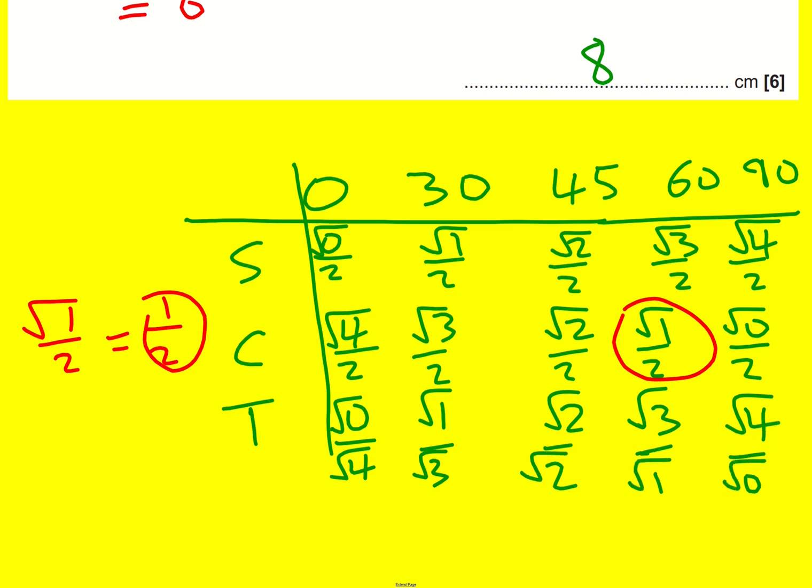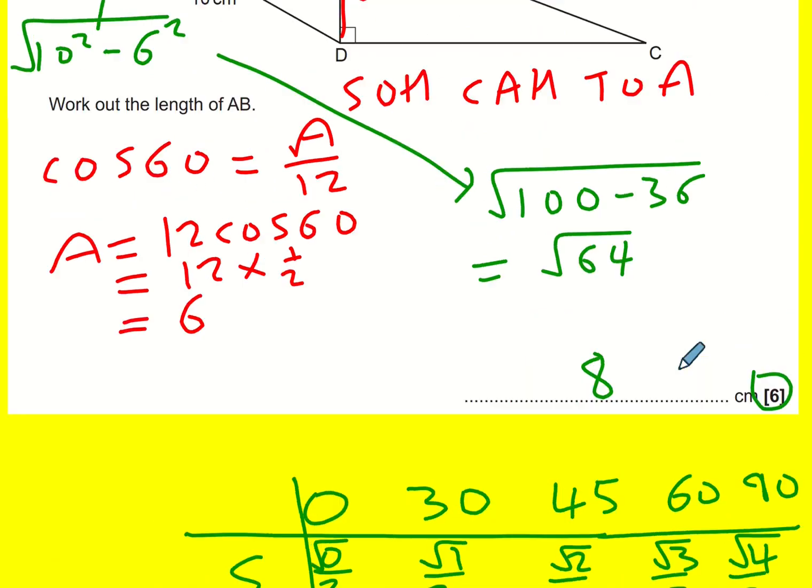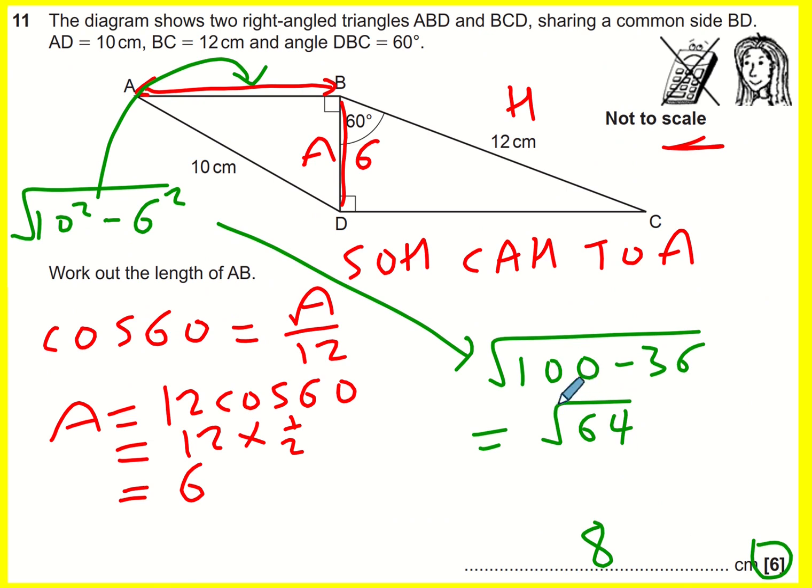You might have another way of remembering them, but at the end of the day, you are expected to know these values. This one, by the way, is not defined, and you don't have to know that one, but you do have to know the other 14 of them. In any case, that is that question. 6 marks. All we're doing is applying trigonometry and Pythagoras, but there's this extra sneaky bit, and you've got to realise to apply those two things and do it all without a calculator.